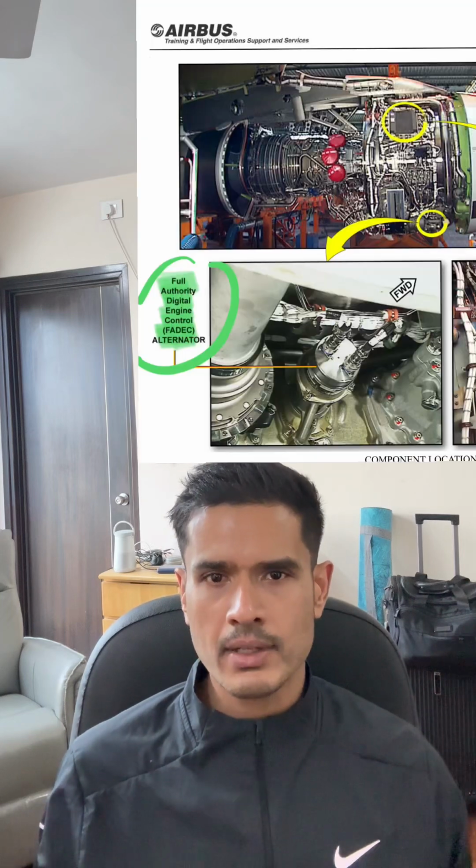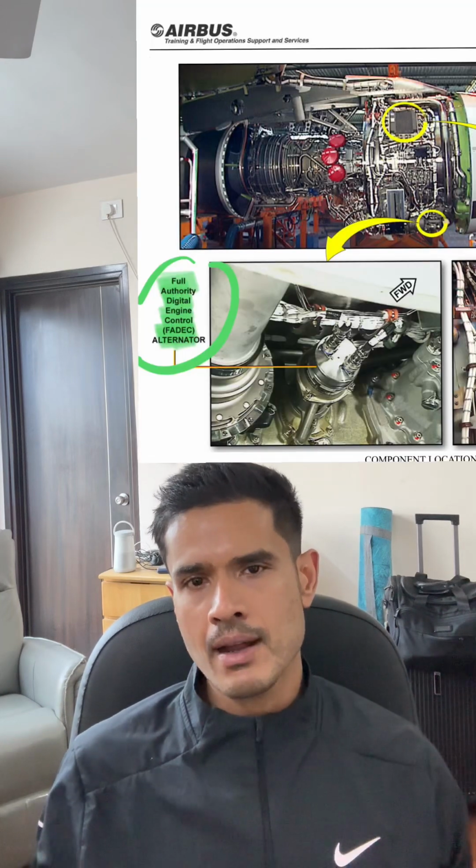Now let's talk about where the FADEC gets its power from. The FADEC has its own power source. It has an alternator which is run by the engine's accessory gearbox, the same gearbox that drives your fuel pumps, engine driven hydraulic pumps, the IDG, and, while the engine is getting started, the air driven starter motor and things like that.